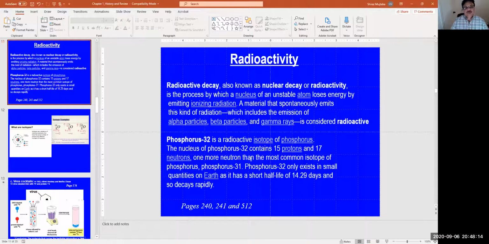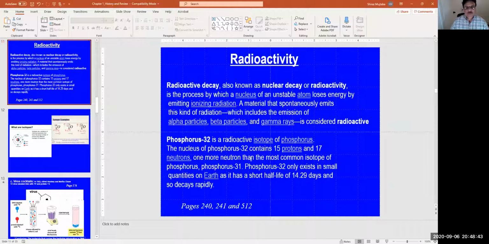Nitrogen has an atomic weight of 14, but if there is an extra neutron, then nitrogen becomes N15, right? And this N15 releases extra energy that can be tapped to do various biological experiments. So this is chemistry, isotopes, but these chemical atoms or elements can be used to answer biological questions.